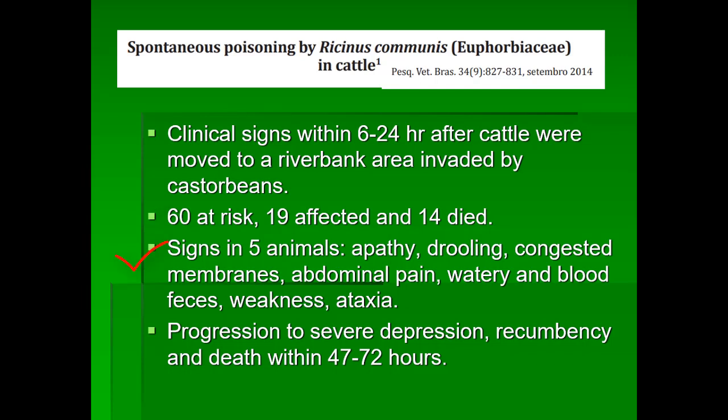So the signs in 5 animals were basically of apathy, drooling, congested membranes, abdominal pain, watery and bloody feces, weakness, ataxia, and they say that those signs basically progressed to severe depression, recumbency, and death within 47 to 72 hours of the onset of signs.